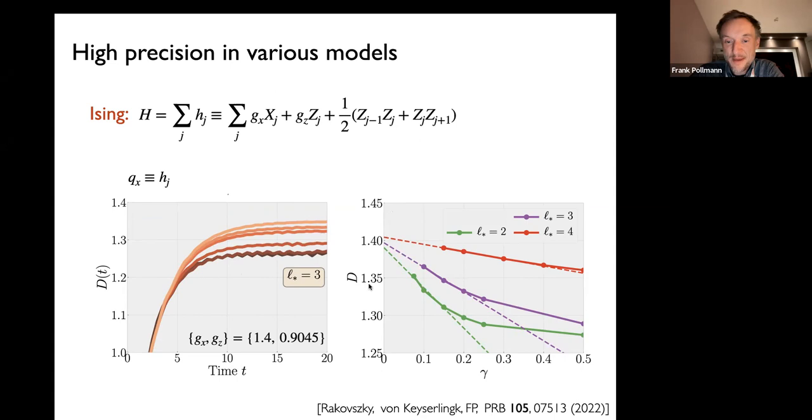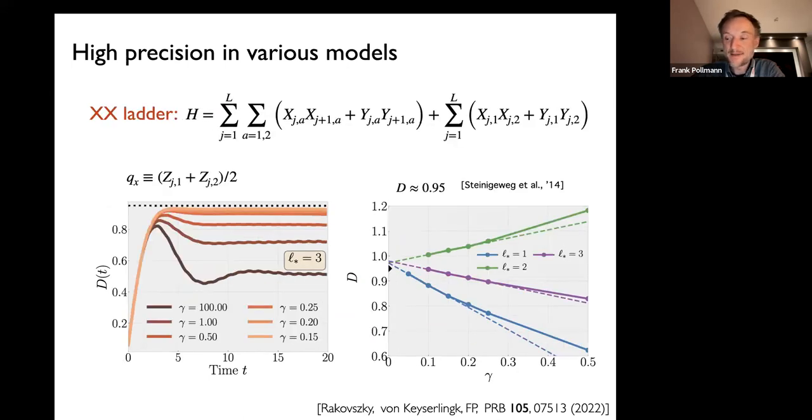And now we can extract the diffusion constant as a function of gamma. And we know for gamma equals 0, we are simulating the exact problem, but that's hard. So now we can extrapolate the gamma equals 0 limit in a controlled way, and this is what's shown here. And now we can confidently extract the diffusion constant from these simulations.